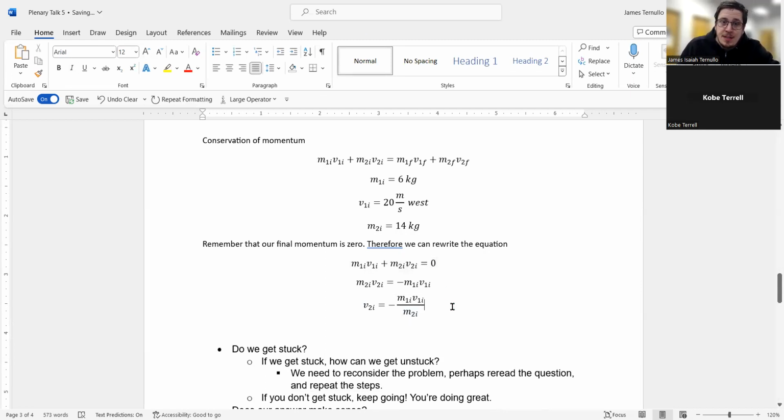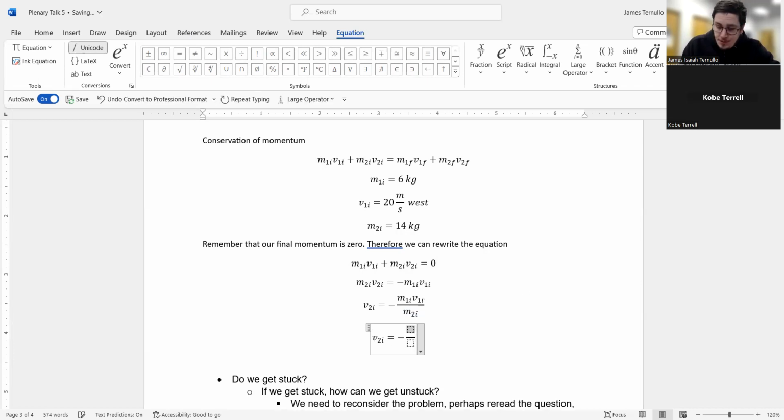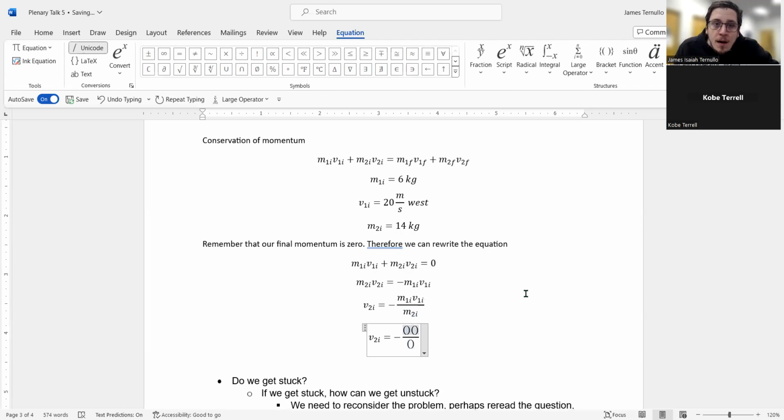We can plug these things in, and we can say that v2i is equal to negative, let me just do this like this. So m1 is 6 kilograms. Let's just go ahead and make sure we add the units in too. We have 20 meters per second.